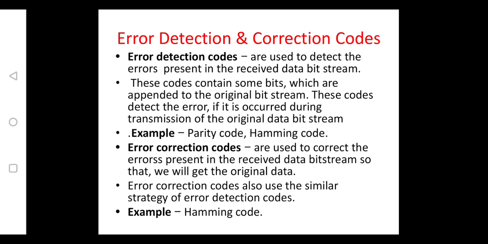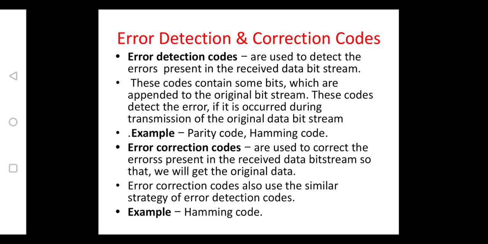The next one is error correction and detection codes. These error correction and detection codes are basically used whenever we are transmitting the data. As I have told you, in case of the transmission, even if the signal is analog in nature, we are not transmitting the analog signal, rather we are converting into the digital signal, so that we'll be getting noise free output.